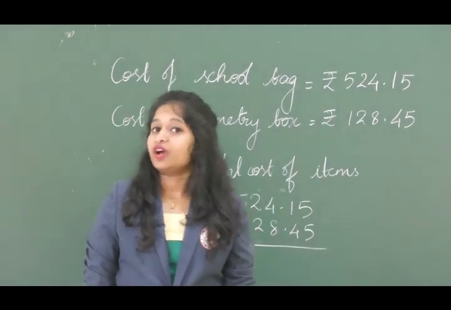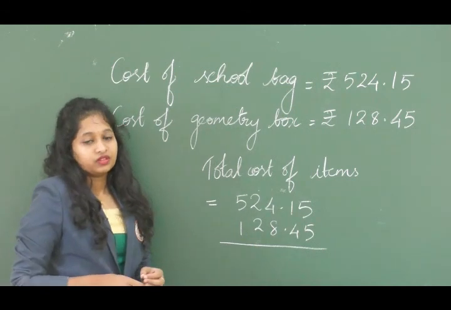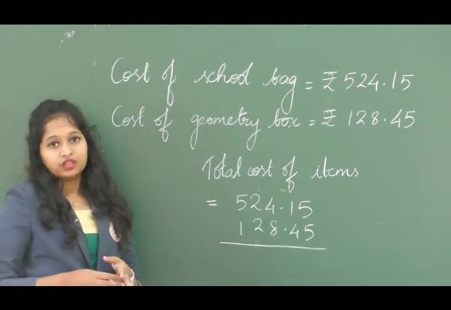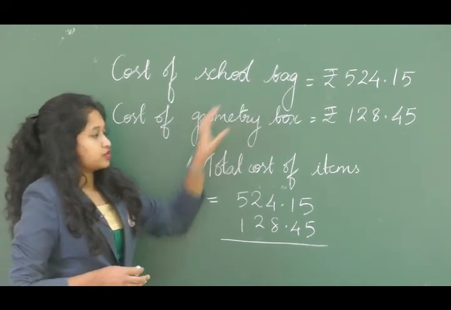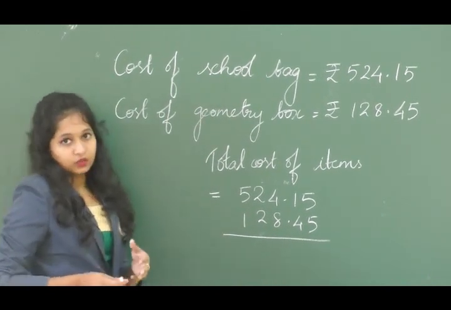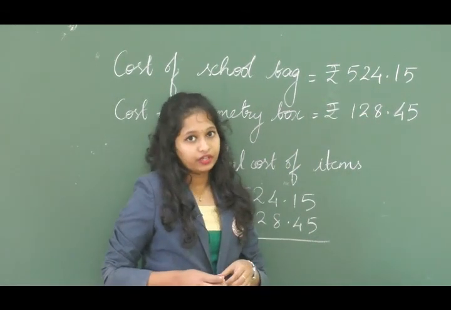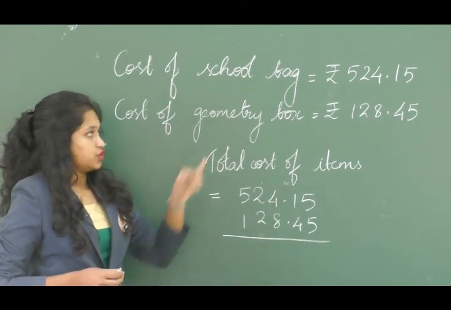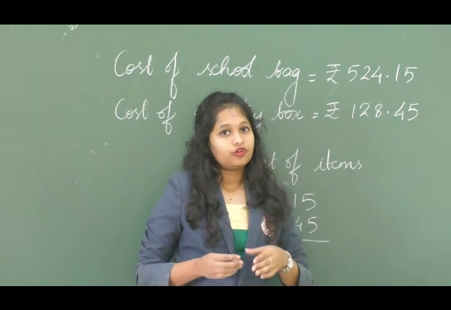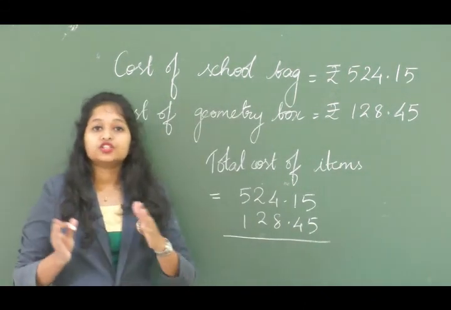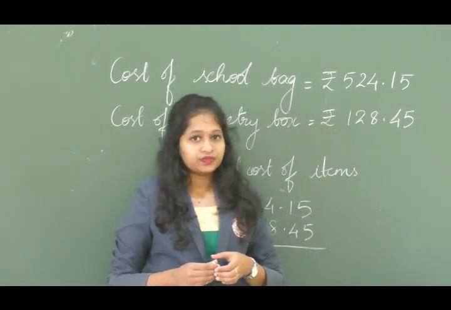The question is to find the total cost of the items. So, when you solve, first write the cost of school bag as given. It is rupees 524.15 and cost of geometry box is given as rupees 128.45. To find the total cost, we have to add both the values.